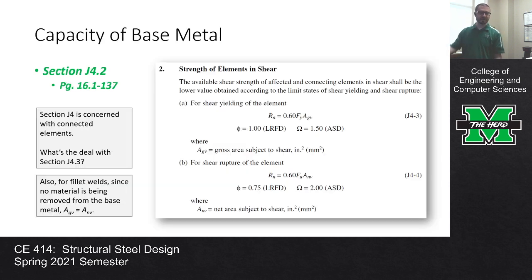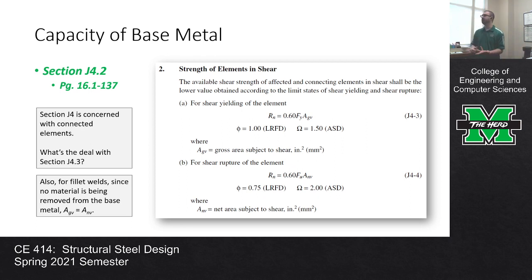And so if you go to section J4, this is on 16.1-137. I made sure anytime there's something in the spec that I put a page number here so you can find it. Section J4 is concerned with connected elements, and we're going to be focused on strength of elements in shear. Section J4.3 is about block shear.